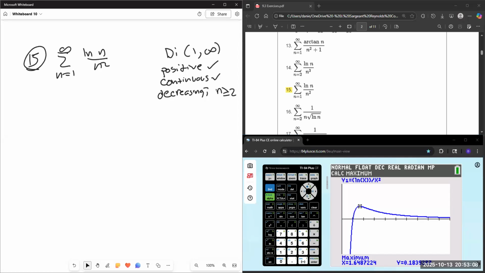Now let's see if I can figure that out with a derivative or with some kind of comparison. I don't really like comparisons with logs, so I'm going to use a derivative here. And that's derivative of the top times the bottom minus derivative of the bottom times the top, all over the bottom squared.